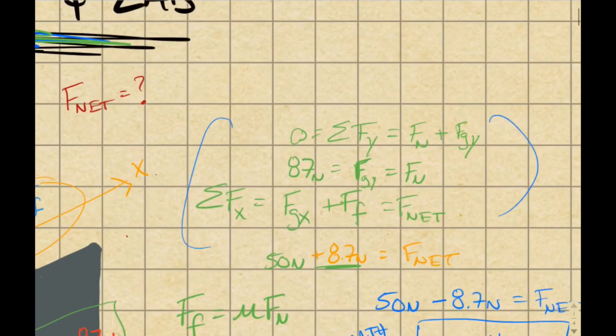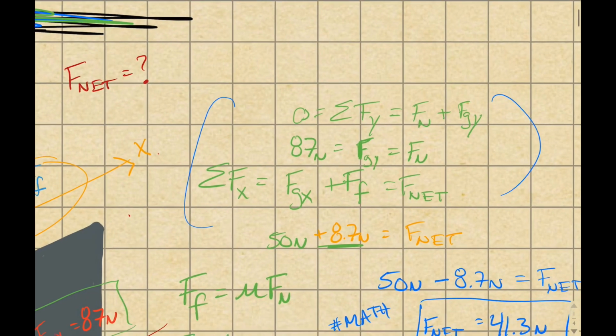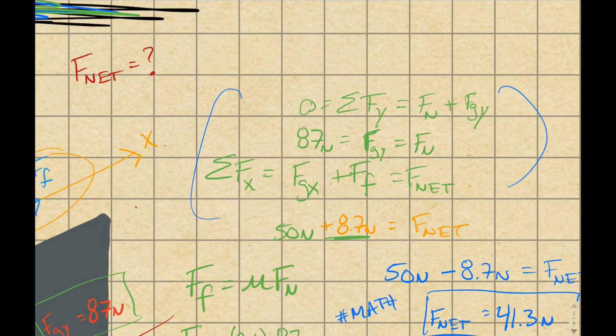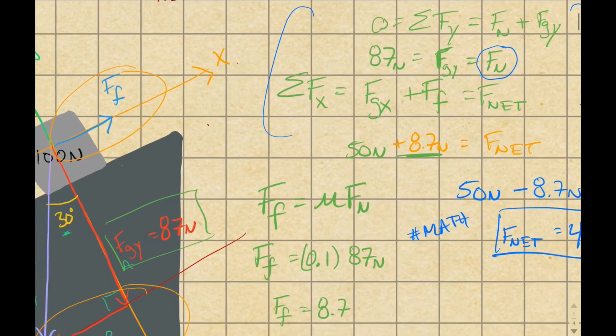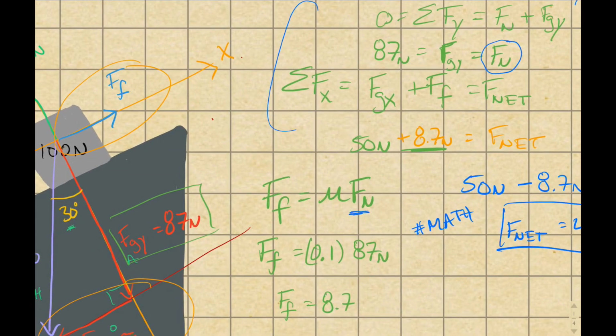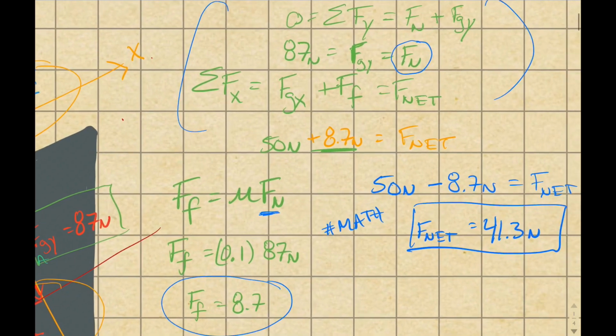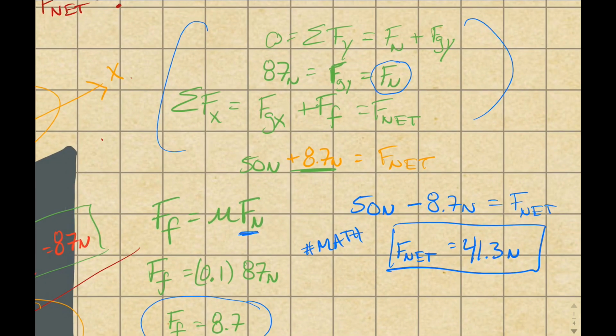There are two forces in the y direction. They cancel out. We need to know that they cancel out so that we can find this normal force. After finding that normal force, we can substitute it into this equation, and after substituting into this equation, we can figure out what the force of friction is. We can use that force of friction in our x direction because that's where that works.